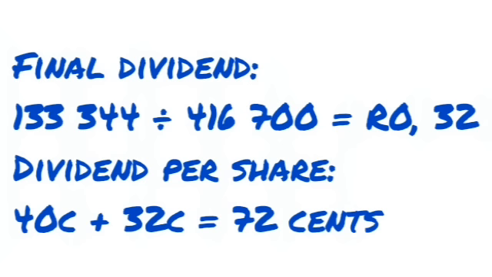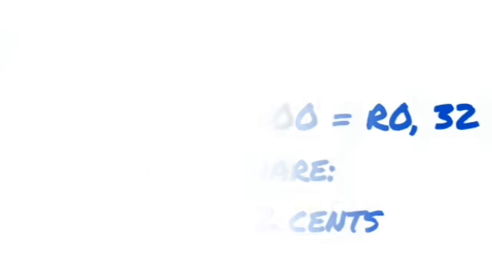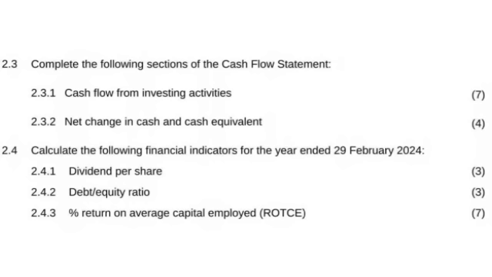For our dividend per share, you take the 40 cents of the interim and add it to the 32 cents of the final, and it simply gives you 72 cents as your dividend per share. There is also a different method of doing this calculation, but I feel that this one is the most straightforward and simplest calculation method you can choose to use.